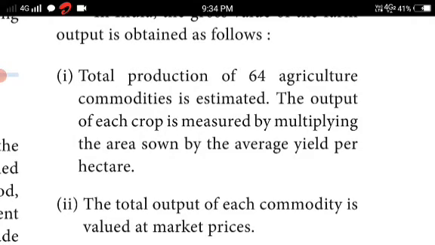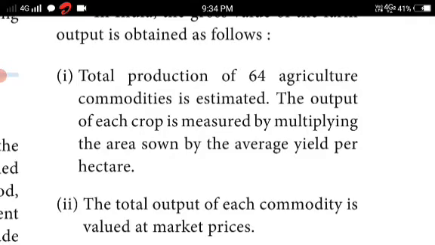The output of each crop is measured by multiplying the area sown by the average yield per hectare. Likewise, we have to measure the farm output.